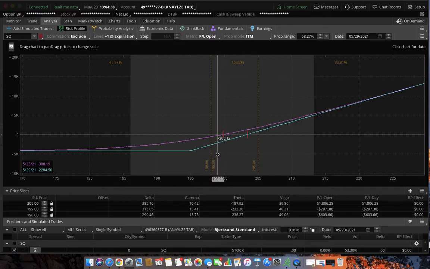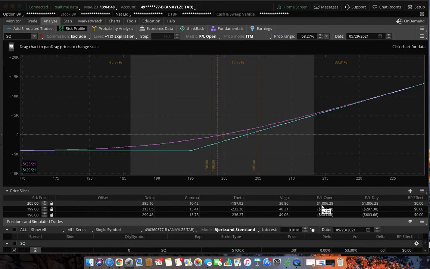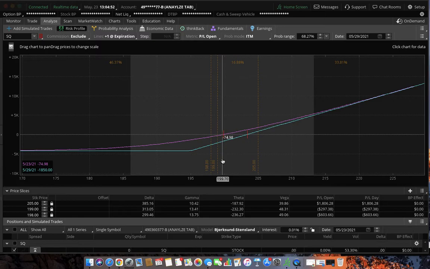That's a lot, right? Before it goes back up. Okay, and then if it goes up to the 205 level, just look at your profit and loss. Your profit's going to be 1806. That's a profit, from where you purchased it, which is right here. If it goes down to 198, then your loss is $603.